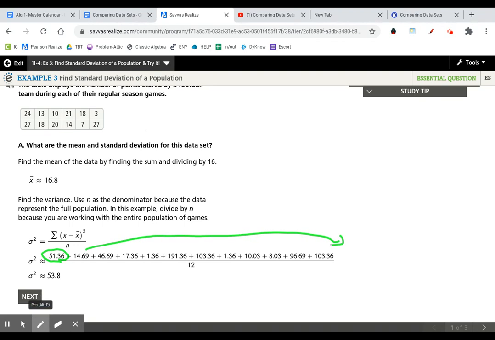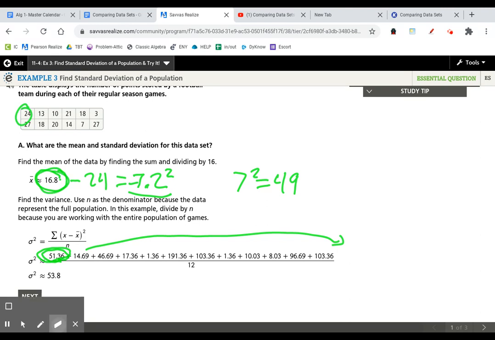It's coming from 16.8 minus 24, which would be roughly 7.2, and negative 7.2 squared is going to be, well, 7 squared is 49, so 7.2 squared is a little bit more than that. It's 51.36. Again, it's finding the difference of our data point and the mean, and then squaring it.